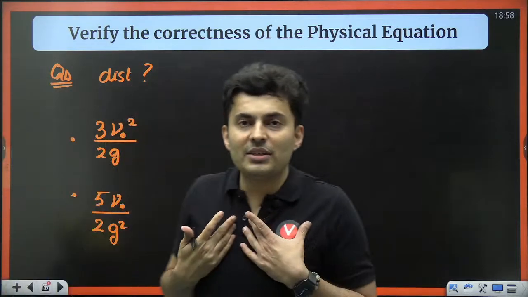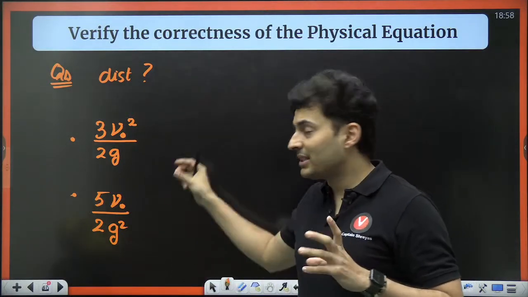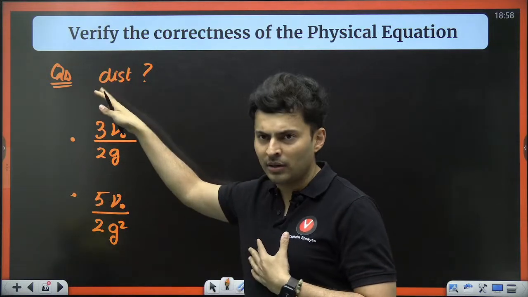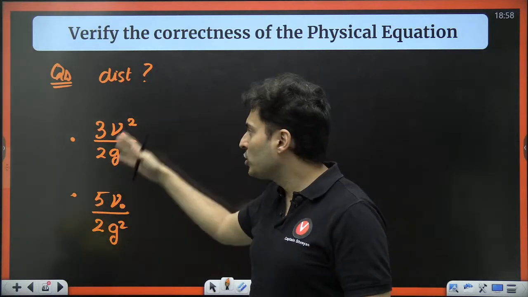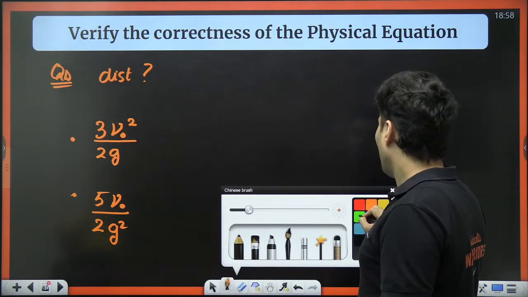Now I don't know which of these options are correct. I don't want to solve it, but without using physics I can get the answer. I know one of them is correct. How do I choose between them? Observe this. What does the question say?